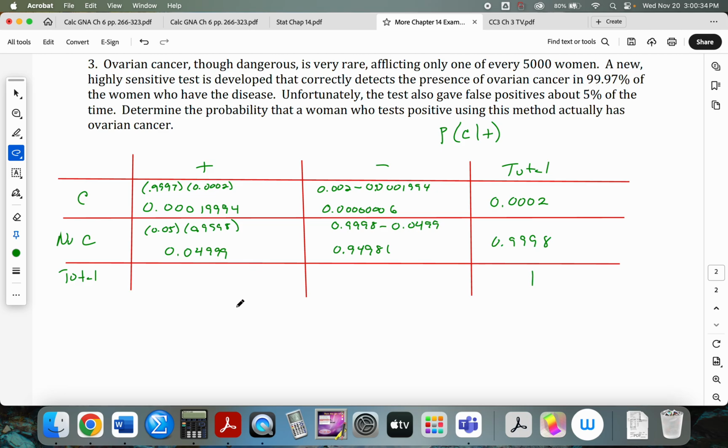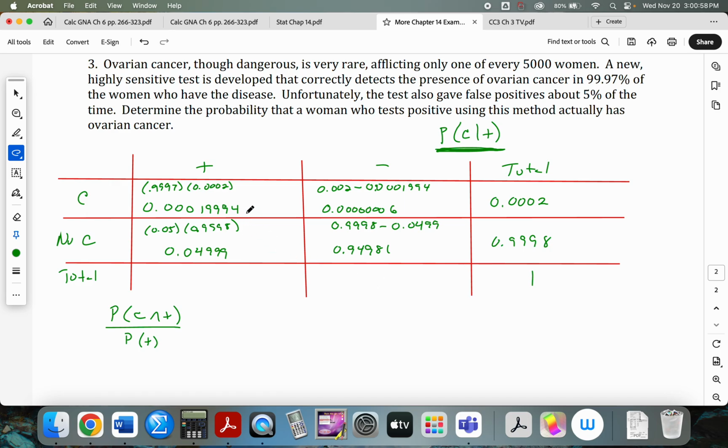All right, so let's see if we have enough to find this quantity. So that's going to be the probability that they have cancer and they have a positive test divided by the probability that they have a positive test. So I need to add these two pieces together.